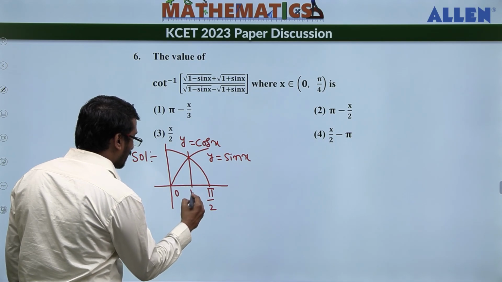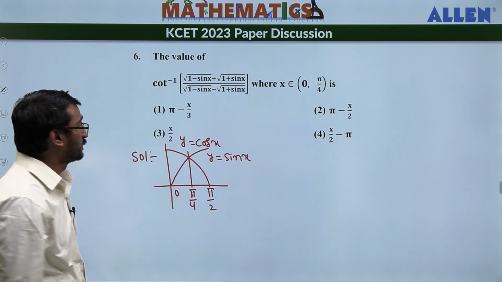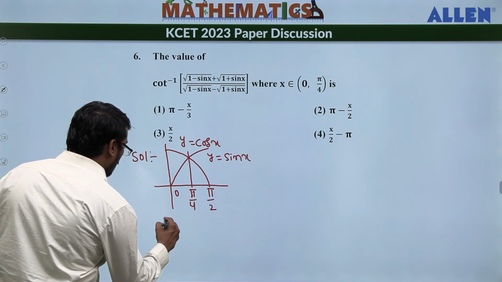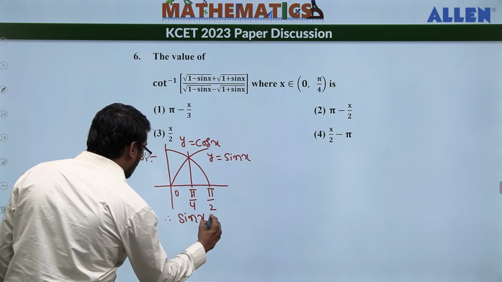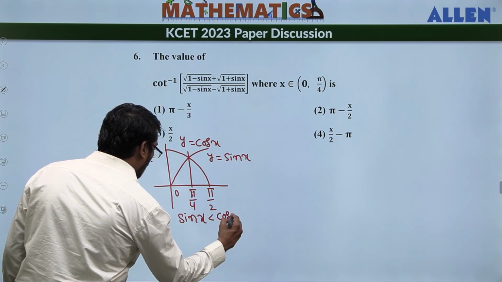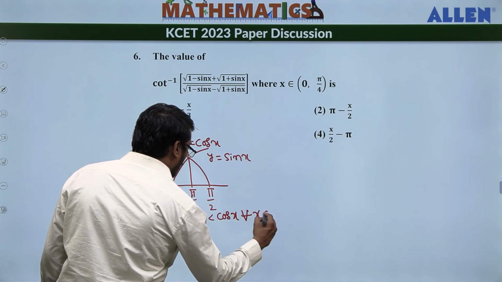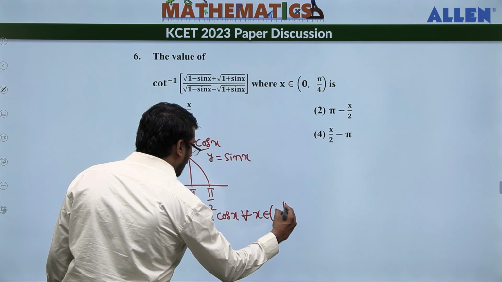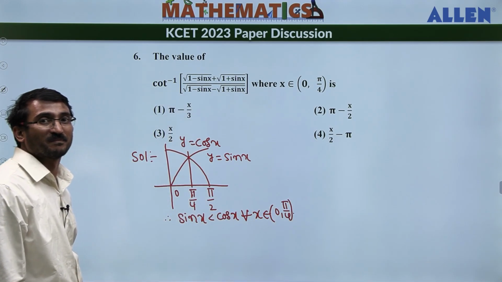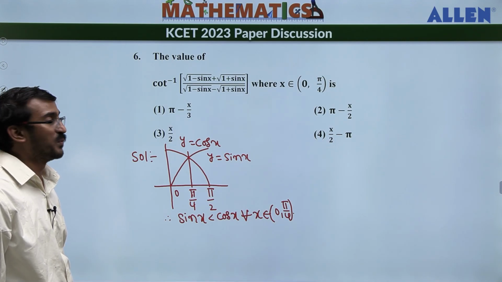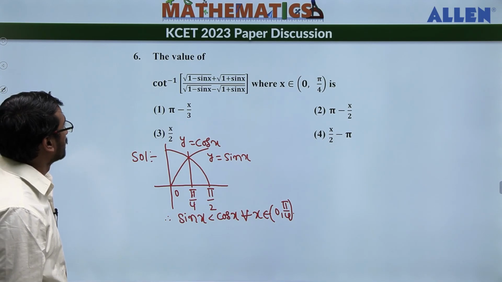So sin x is less than cos x for all x between 0 and pi by 4. Next.